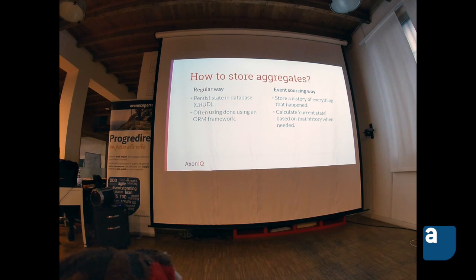In event sourcing, we persist an aggregate by persisting the full history of events that have happened to that aggregate. So to recreate the last state of this aggregate, we need to reapply all the events that have happened to this aggregate from the very beginning.